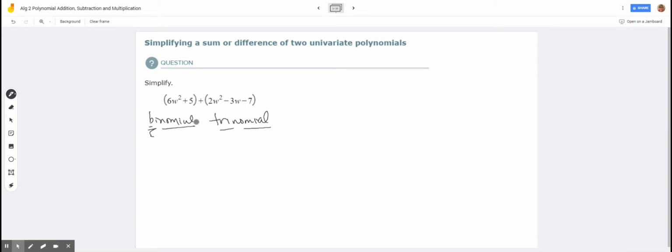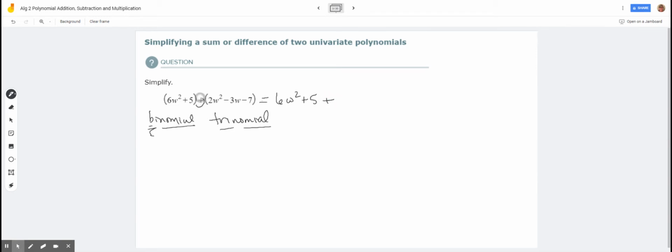But if you think about it, when we add stuff, this adding doesn't do anything to the parentheses. So we can take this out of parentheses. First of all, there's no reason this needs to be in parentheses. Take it out. Do not start adding stuff until you take things out of parentheses. Don't go, oh, that's 8w squared. Take it out of parentheses first.